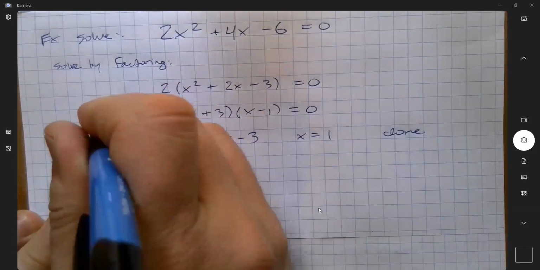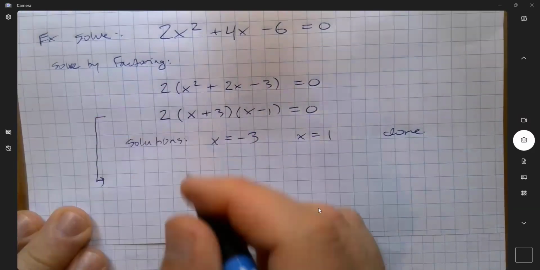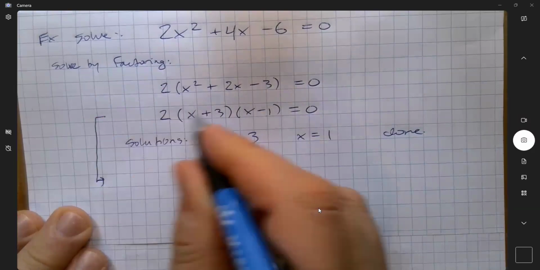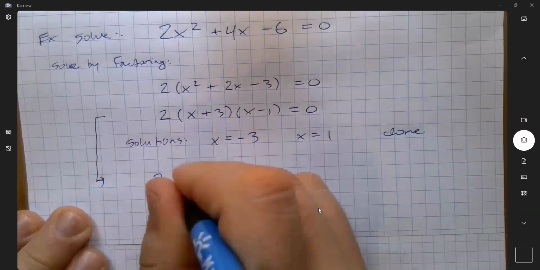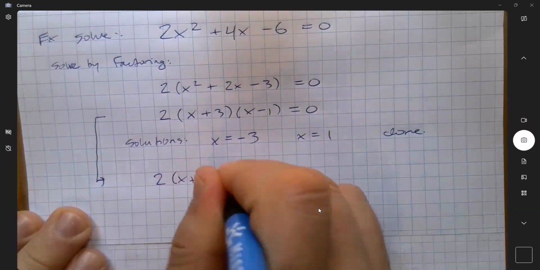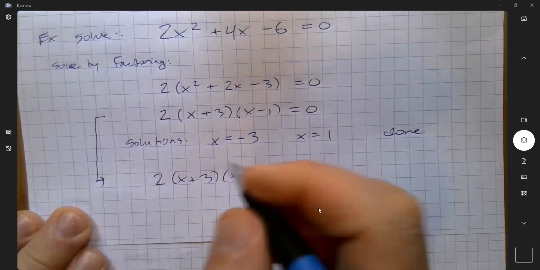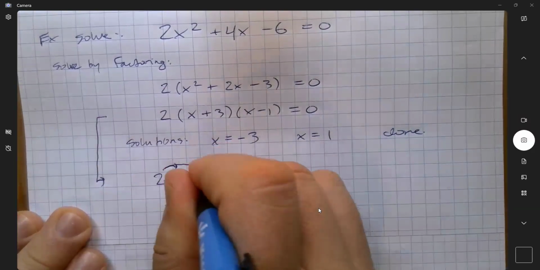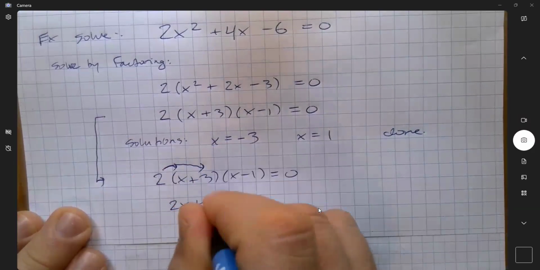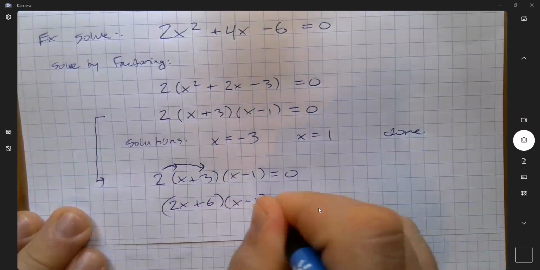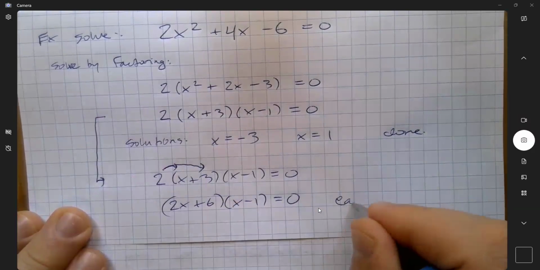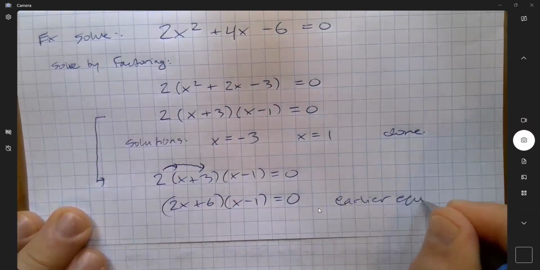So I just want to point out, watch what happens if I multiply the 2 into my first expression. I'd have 2 times x plus 3 times x minus 1 equals 0. And I'm going to distribute that 2, and I get 2x plus 6 times x minus 1 equals 0. And that is the earlier equation.